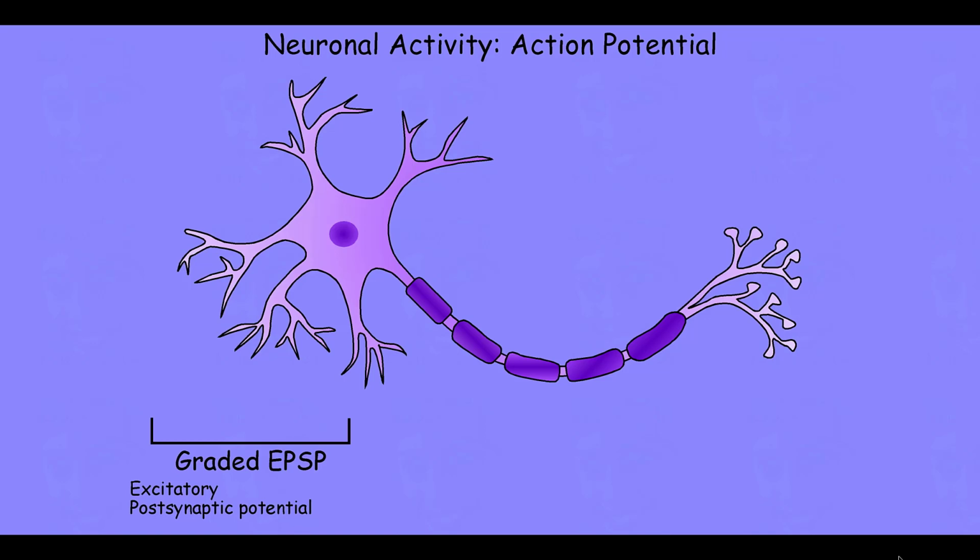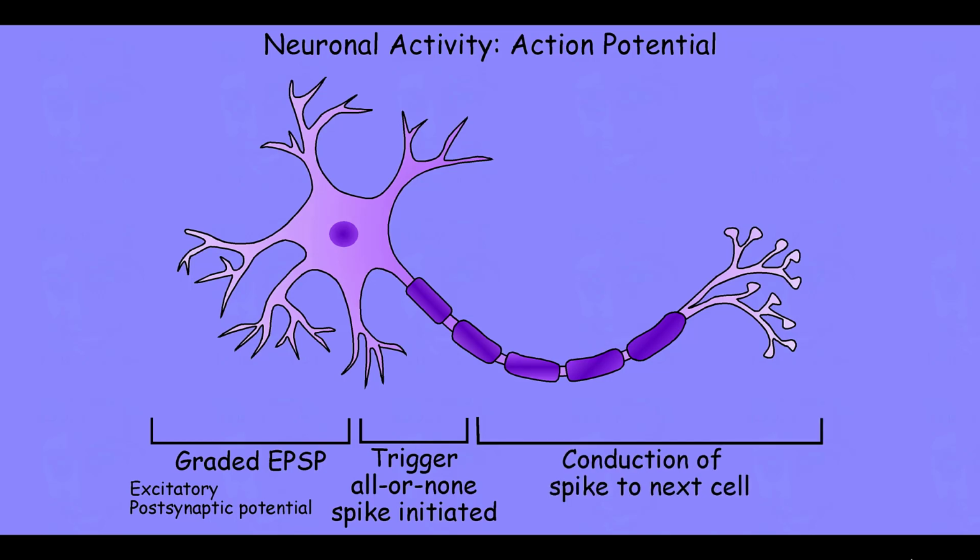When that sum causes a depolarization of at least 10 millivolts, it triggers an all or nothing action potential, a dramatic shift from resting potential of negative 65 millivolts up to positive 40 millivolts. This action potential travels down the axon until it reaches the terminal end bulbs, at which point it causes the release of neurotransmitters.